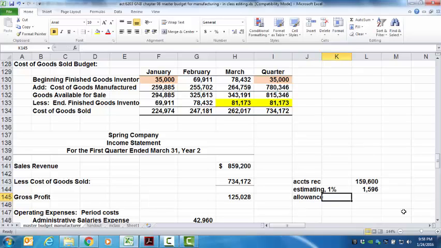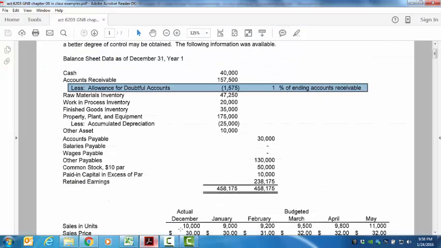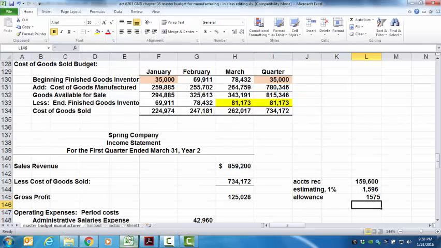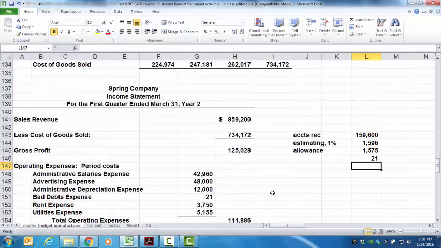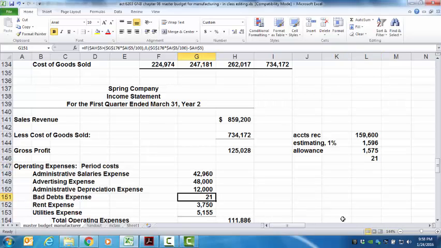In the allowance account itself, we already have 1,575. Obviously, that's not enough. We need $1,596. The difference between those two values is $21. And that is what our bad debt expense is. The amount that we need to increase the allowance for people we think won't pay, given our estimate, is $21 more.